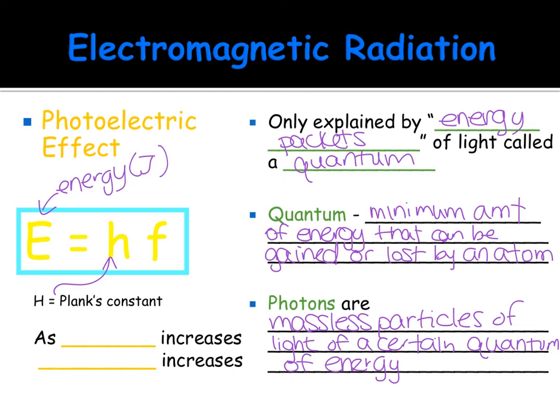h is something called Planck's constant, and I'm going to give you that in a minute. And f, what did we say f was before? Frequency. And you're going to see it again as either f or the Greek letter nu.